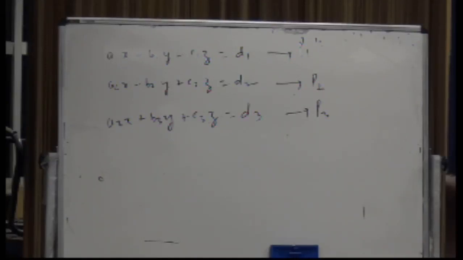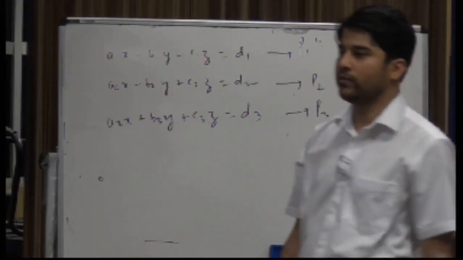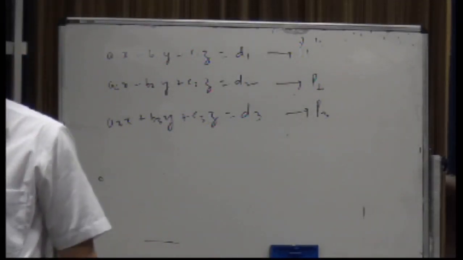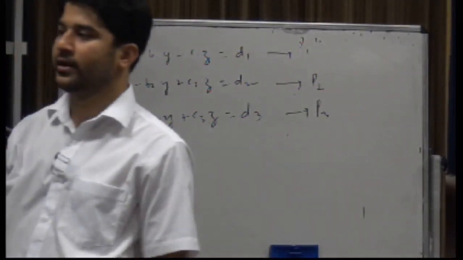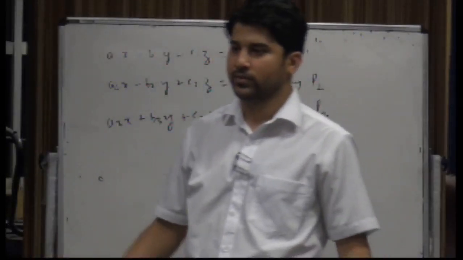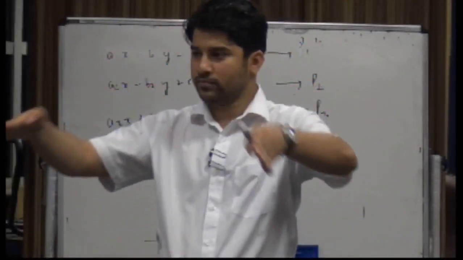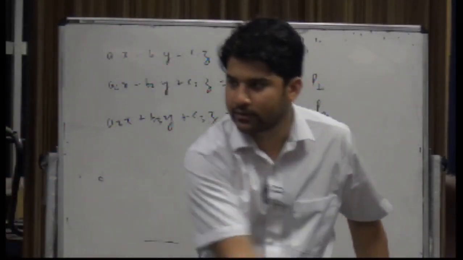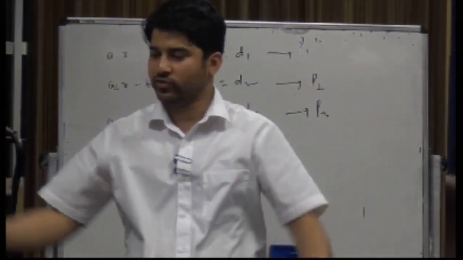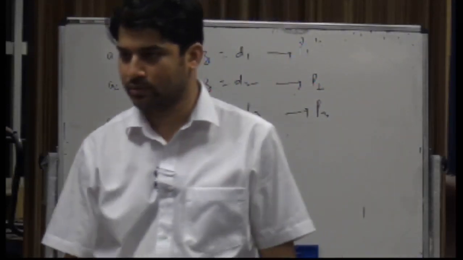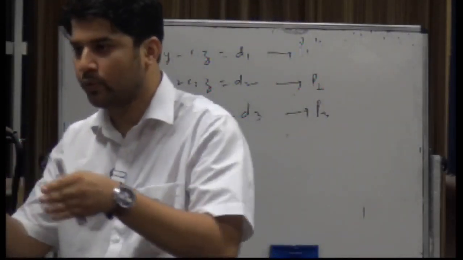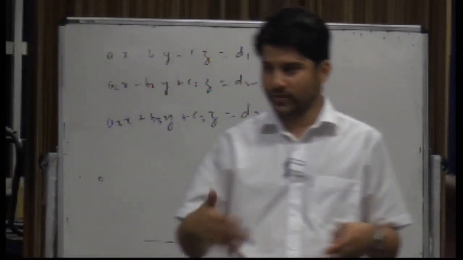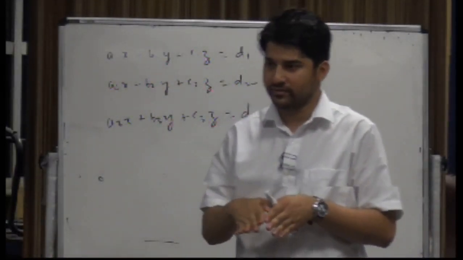And what are no solutions? When all the 3 planes are either parallel or they are making something like a prism. You have 2 planes meeting at apex, and the 3rd plane is the base. So when you see this type of situation, you call it no solution, because there is no common point between these 3 planes. Pairwise, yes, they have infinite solution, but we are not interested in pairwise. We are interested in 3 equations.